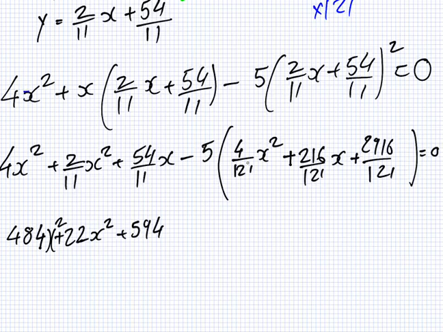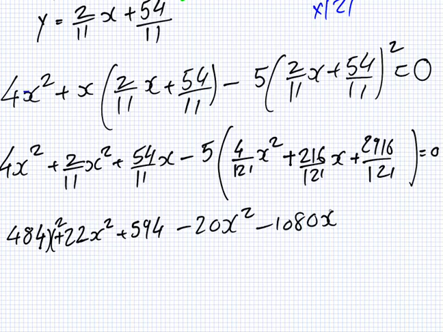If I wanted to get rid of the 11 in the denominator, I should multiply everything by what? No, not 11. What should I multiply everything by if I want to cancel those 11s?